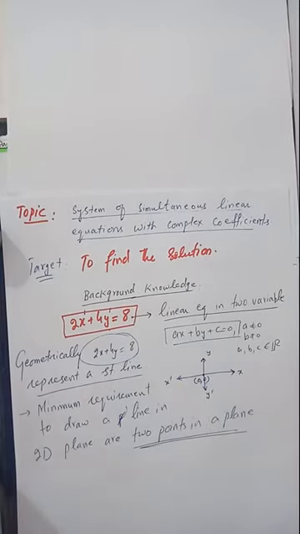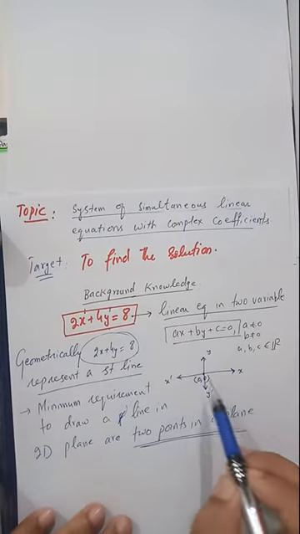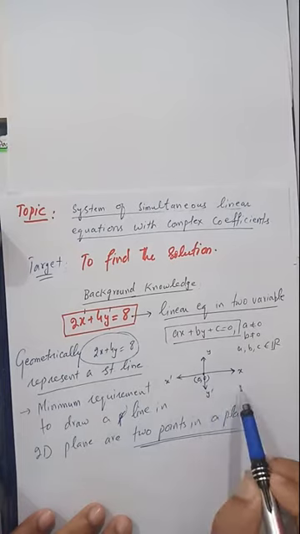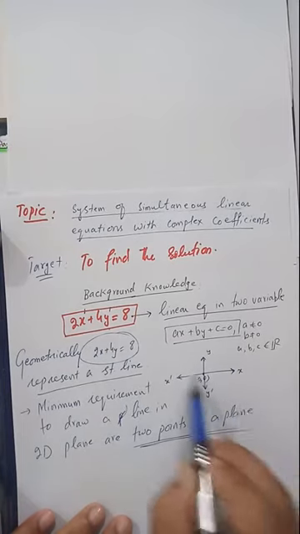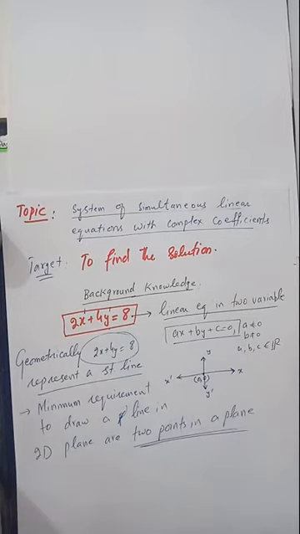But the simple and easy way is this: if I draw a line here in this plane, like this or like this, that line will pass through the x-axis as well as the y-axis. The point at which the line passes through the x-axis is called the x-intercept of that line, and the point at which it passes through the y-axis is called the y-intercept.